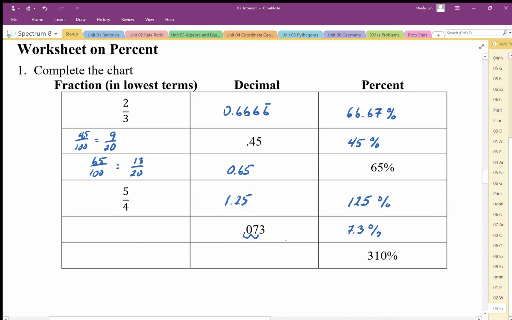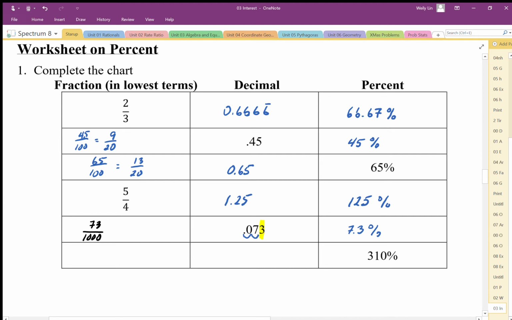As a fraction, this is going to be in the thousandths position. So we have to be careful. When we write this as a fraction, we need to use 1/1000ths. So 73 is not out of 100 anymore. It's out of 1,000.